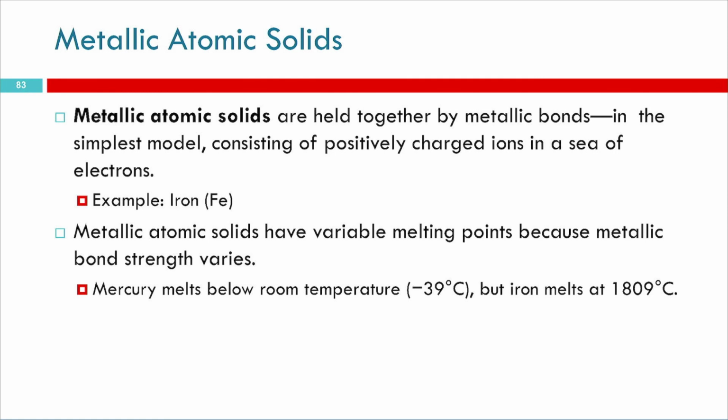Metallic atomic solids are held together by metallic bonds. And just in the simplest model, this consists of positively charged ions in a sea of electrons. So we've got all these positively charged nuclei, just kind of hanging out near each other. And then the electrons are just awash around them.